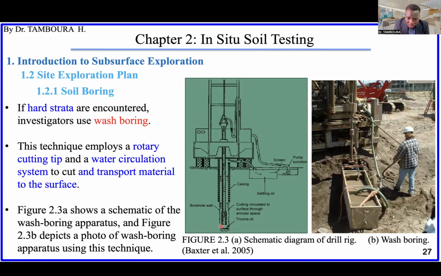And then this water is being pumped, it's going up here. And on its way, it will carry out the soil that is being cut here. You see these arrows are going up, right? Then it will come here.